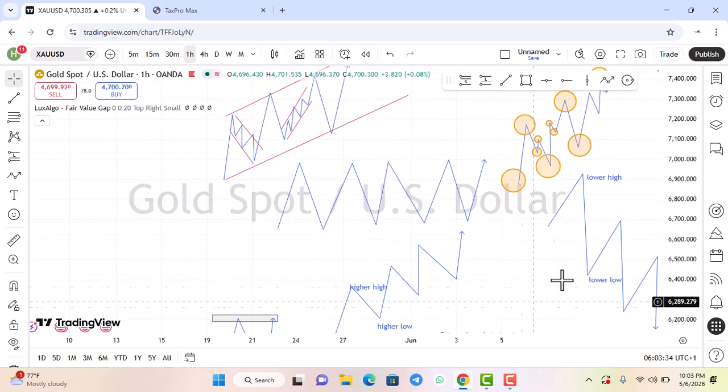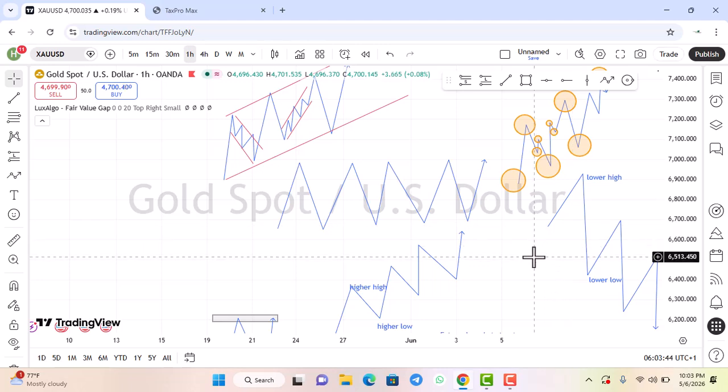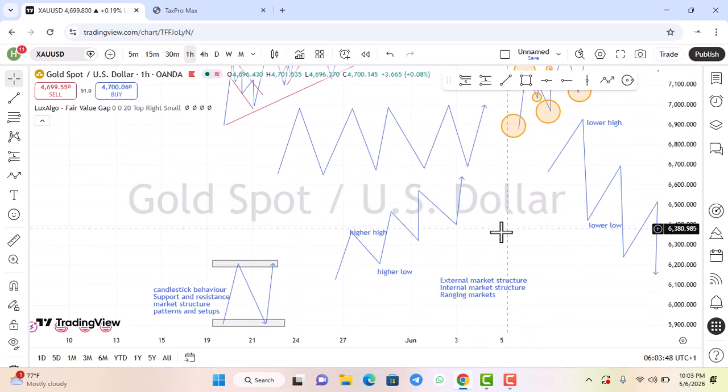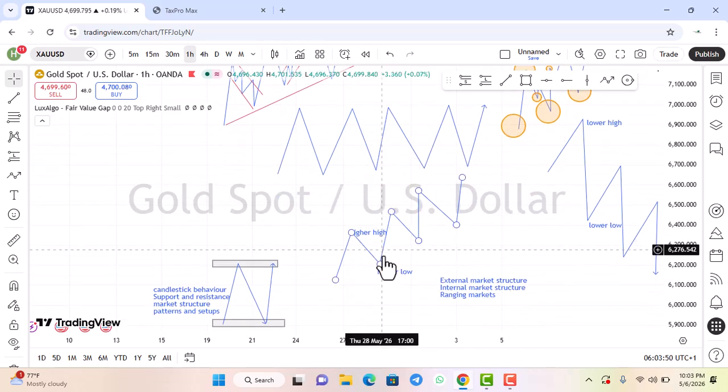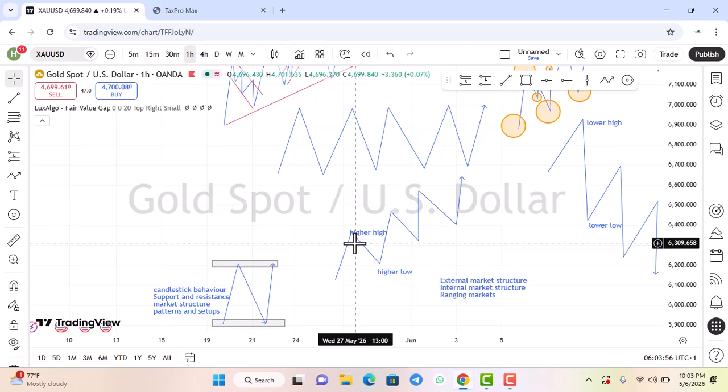So this is exactly what the market is trying to make us understand. It is trying to tell us: okay, I'm about to go up, and before I go up, I will need a higher high and a higher low. If not, I'll not be able to go up. So basically, this is the message the market is giving you as a trader.